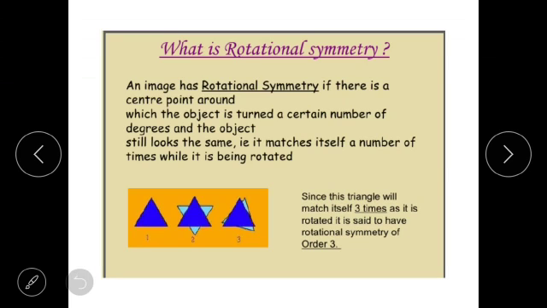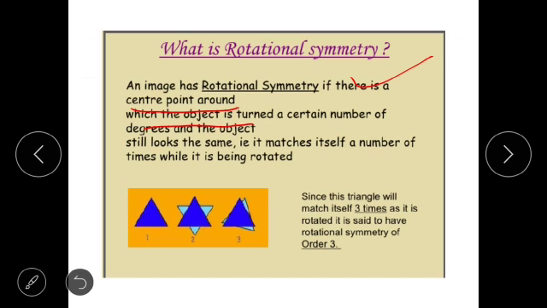An image has rotational symmetry if there is a center point around which the object is turned or rotated a certain number of degrees and the object still looks the same, that is, it fits onto itself, it matches itself a number of times while being rotated.